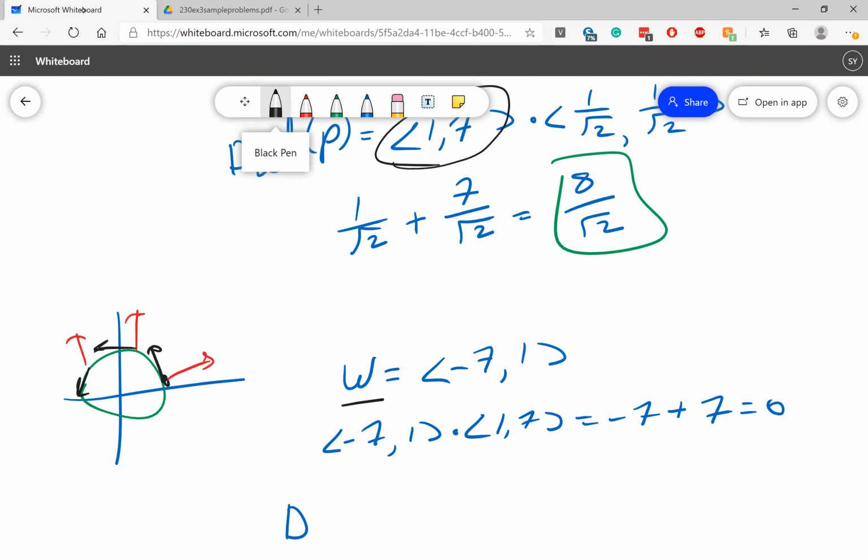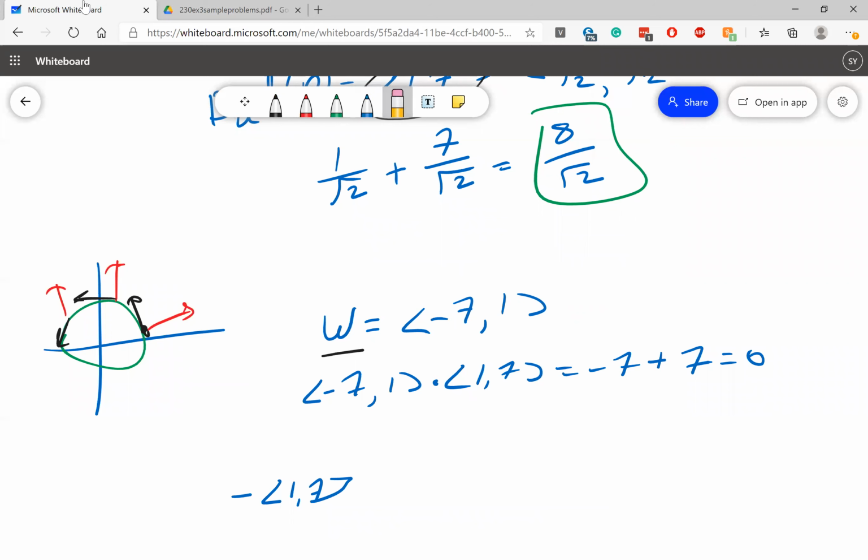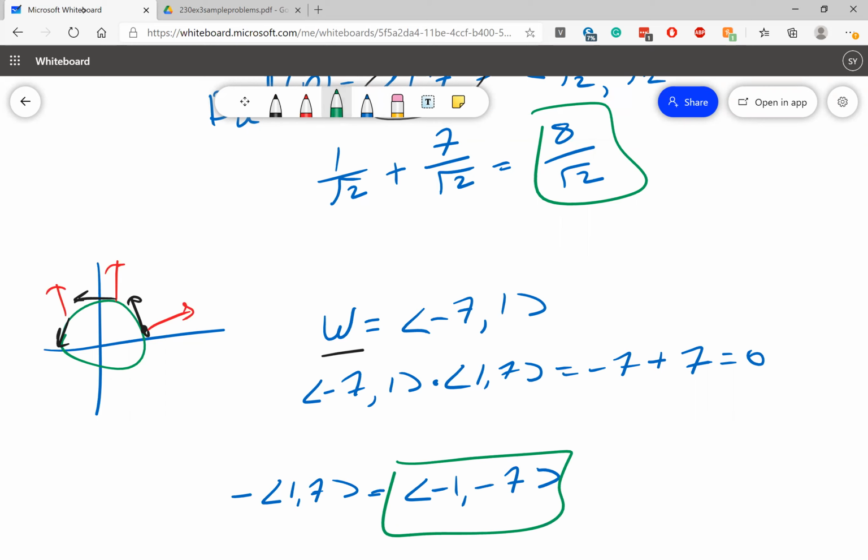So the direction of maximum decrease is the negative of the gradient, and our gradient is (1, 7), so the negative is going to be (-1, -7), and that would be the direction of maximum decrease.